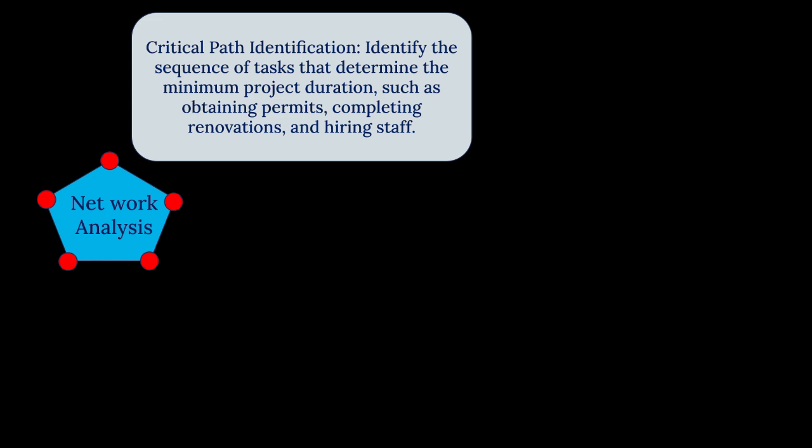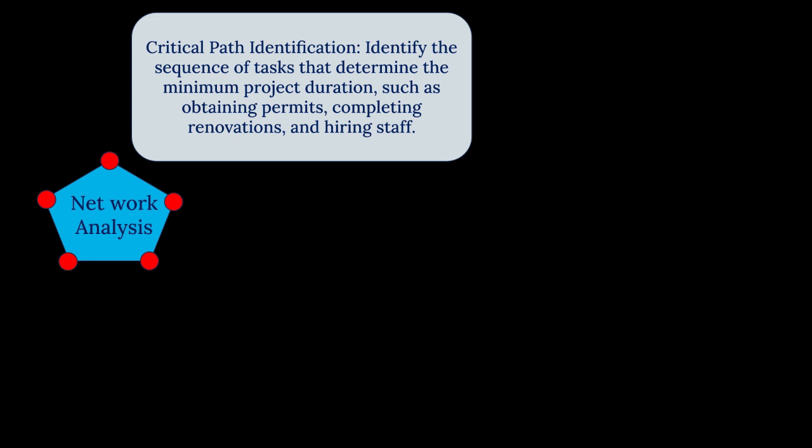We cannot start any task in the beginning. Every task should have some sequence. That means there will be one task to start with, like the obtaining of the permits. Once that is done, then only the completing of the renovation. Accordingly, the renovation will be done. And then hiring of the staff.